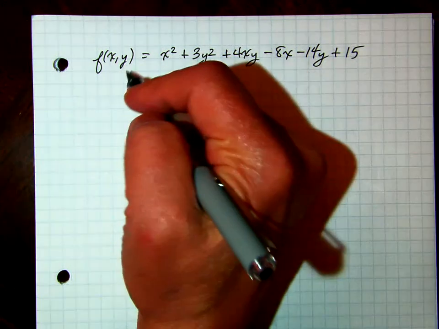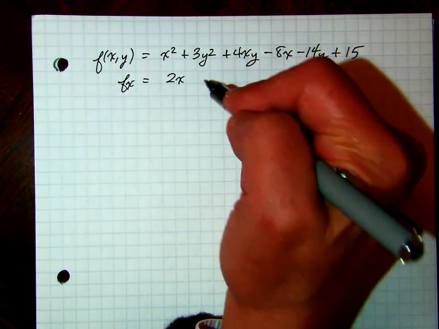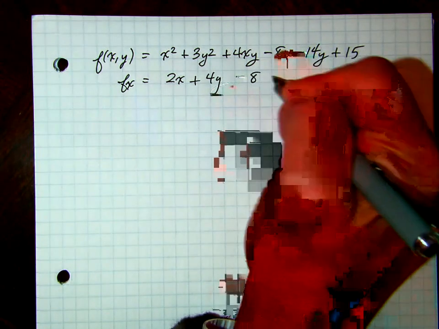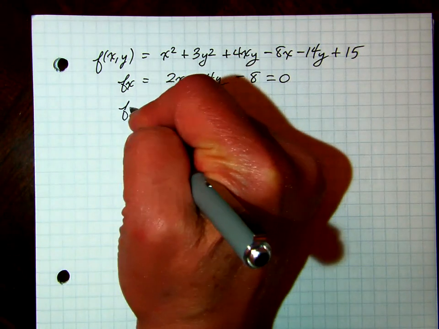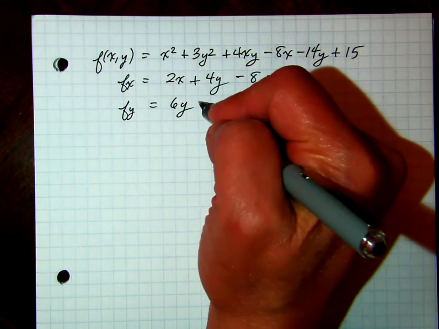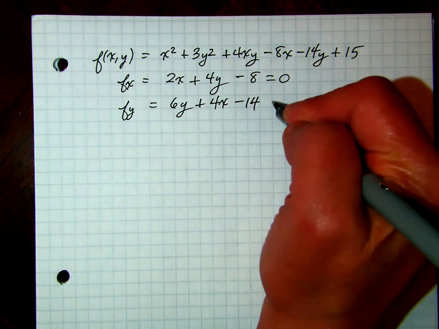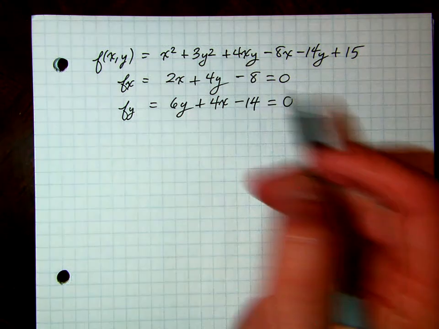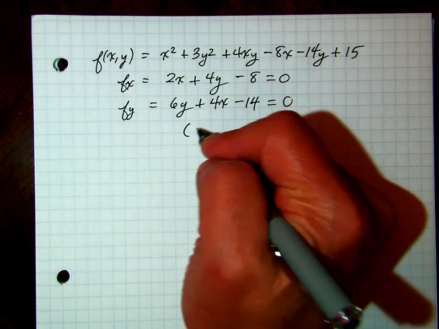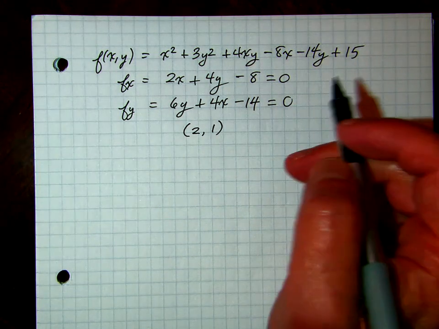Let's check out the first derivative. fx: 2x plus 4y minus 8 equals 0. And fy: 6y plus 4x minus 14 equals 0. I leave it as an exercise to the student to determine that the solution is once again (2, 1). That's our critical point.